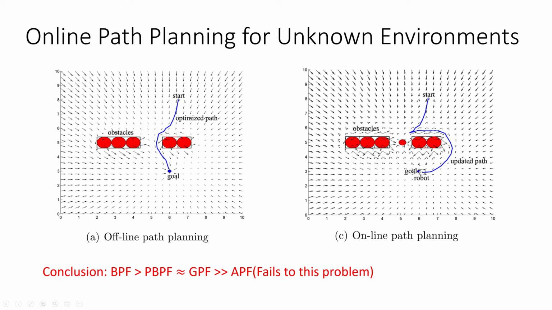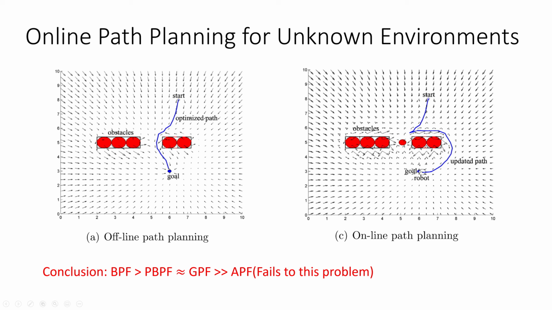You can see that it follows the original path to the goal until the point where a new obstacle has been added. At this point the robot senses the newly added obstacle and uses the BPF method to quickly compute a new path according to the surrounding environment.